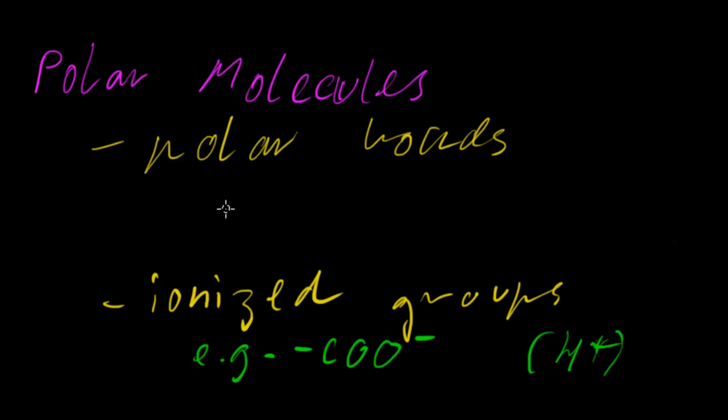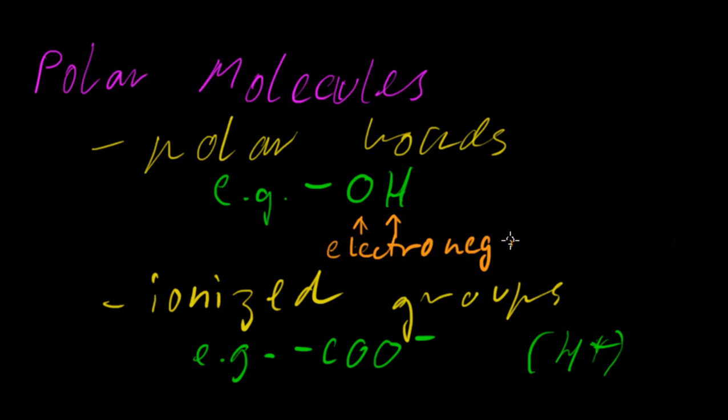Also, we can have polar bonds in molecules, and the classic example is a hydroxyl group. The reason why this is a polar bond is because the hydrogen and the oxygen have certain electronegativities like this.